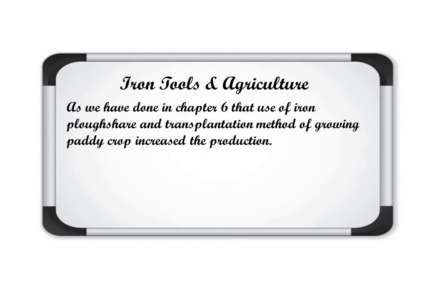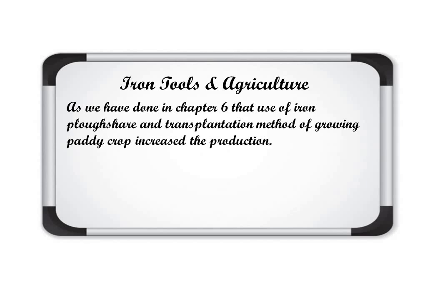In chapter 6, we discussed that in place of the wooden plowshare, the farmers started using the iron plowshare. That was one reason due to which they increased their production. The second is the transplantation method of growing paddy crop.